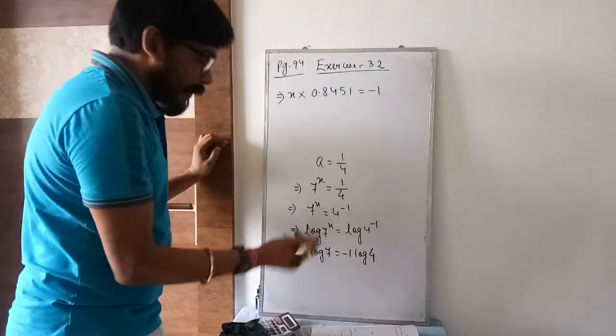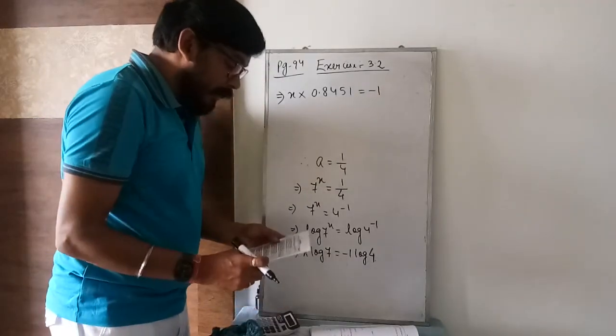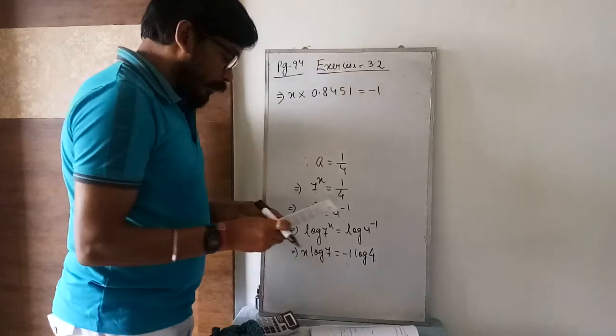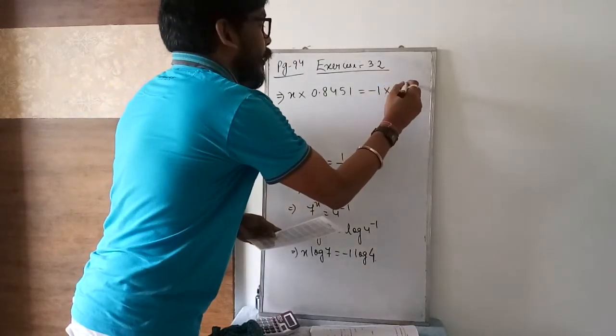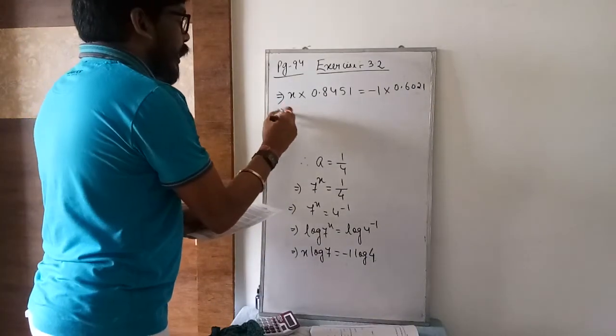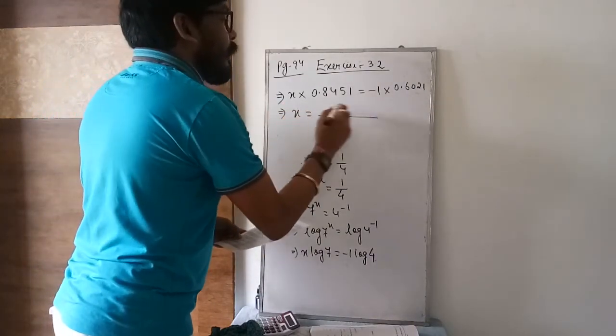I am writing the value directly. Log 4 means log 2 square, so that will be your 0.6021. So ultimately x equal to how much you got?